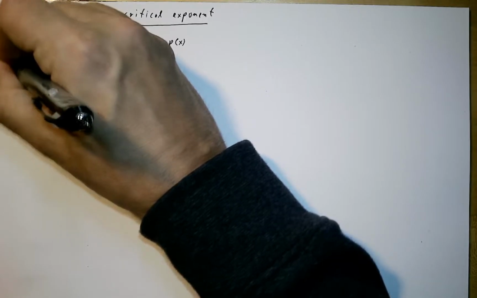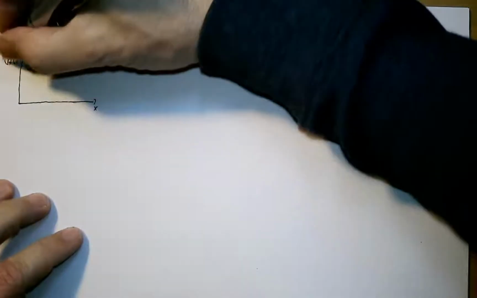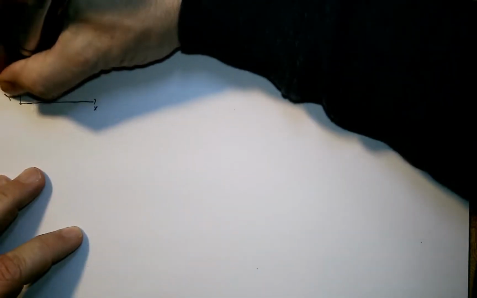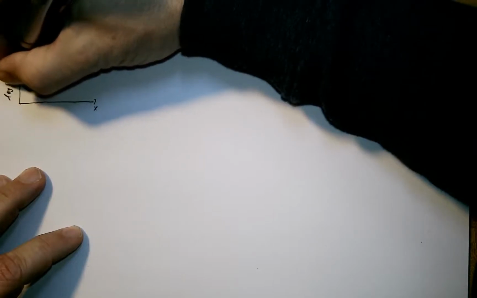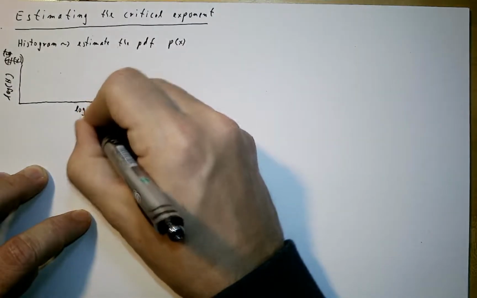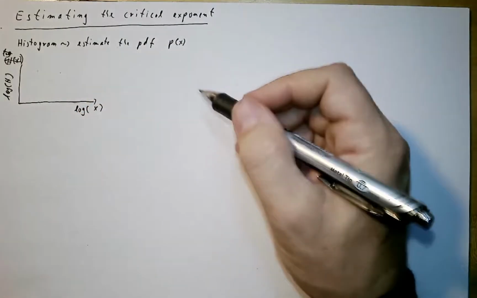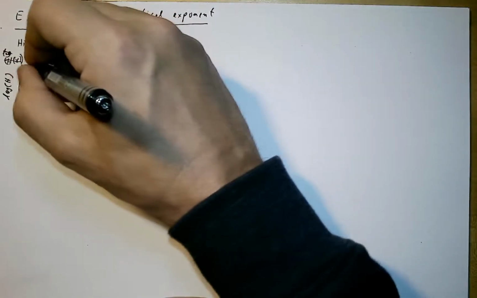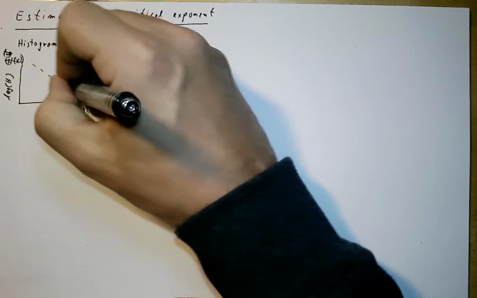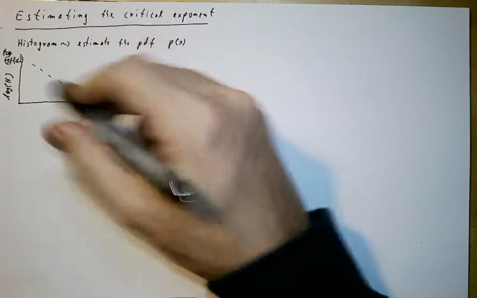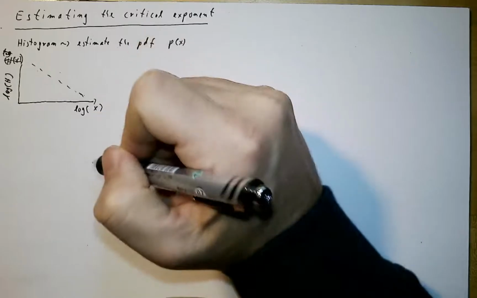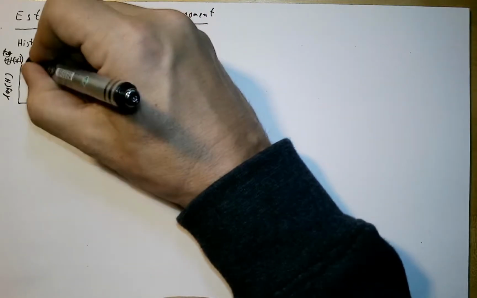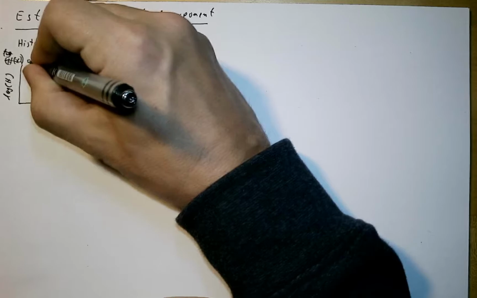We want to plot the log of the histogram versus the logarithm of x, and then typically you would like to see a straight line if our data is really coming from a power law distribution, a perfect power law.